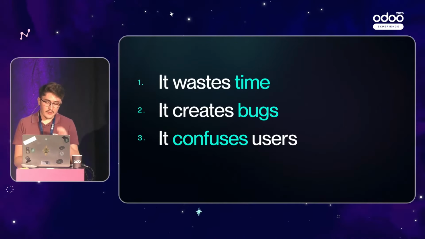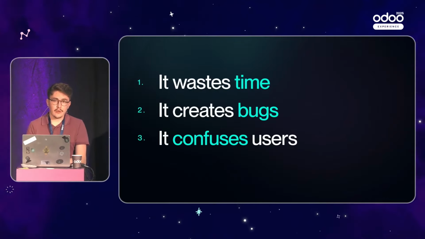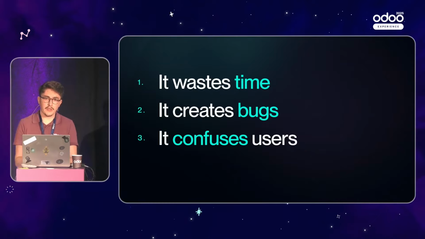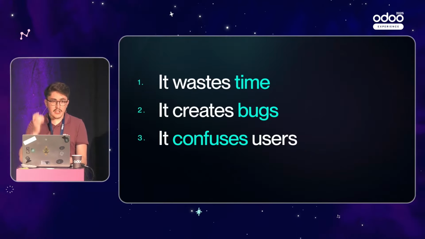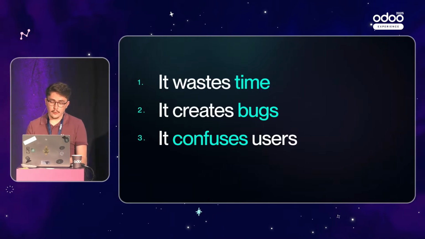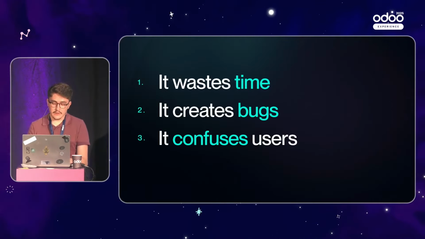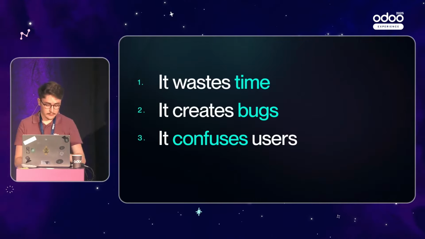The last point, it confuses users. So again, if you have multiple interfaces using the same components but with different designs, it's confusing for users. They cannot navigate as they would like to. They have to relearn patterns every time. And when you're doing this 8 hours a day, it's quite confusing. You don't want to experience it, honestly.